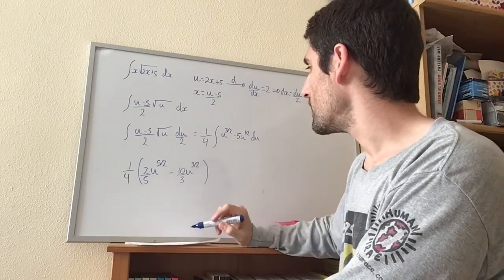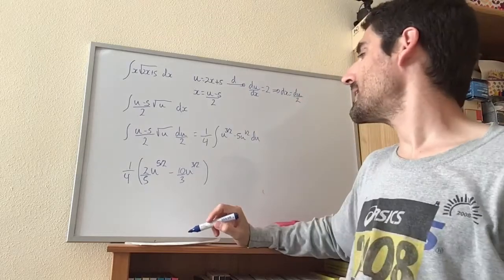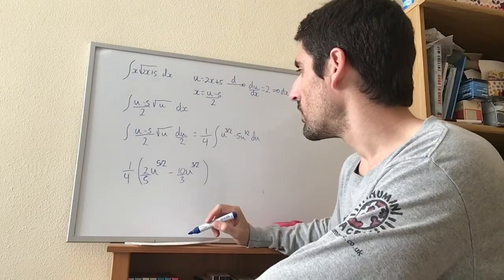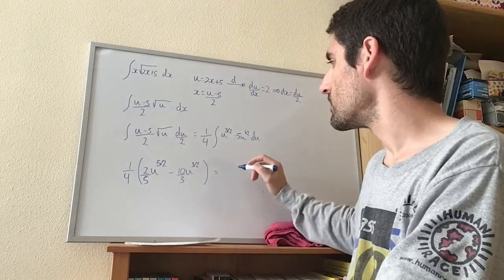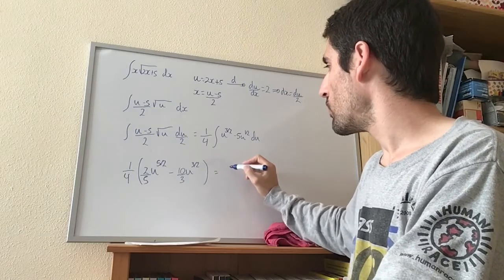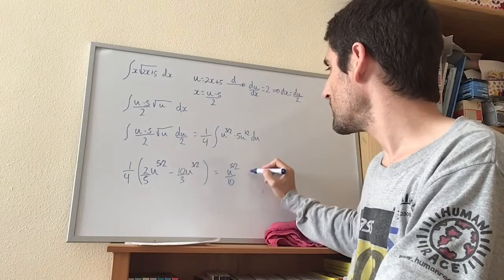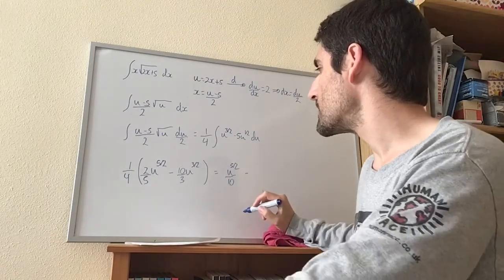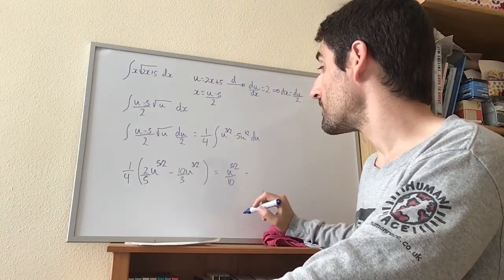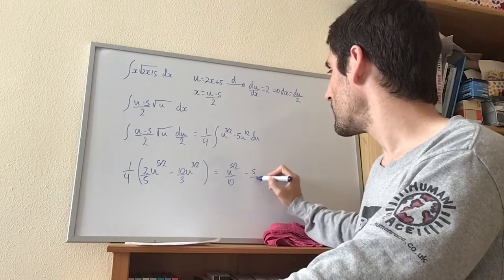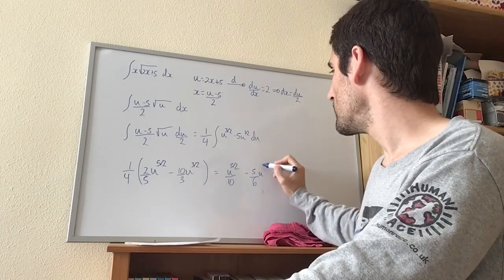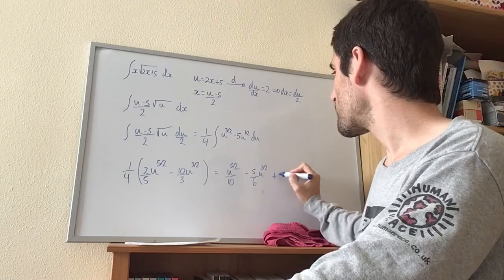And that should be correct. Now we can simplify. That's going to be u to the 5/2 over 10 minus 5 over 6 u to the 3/2 plus c.